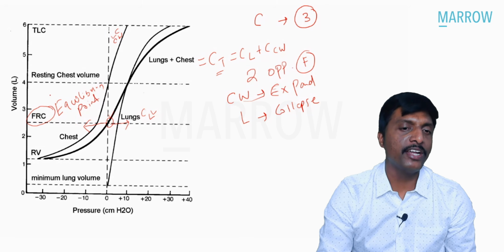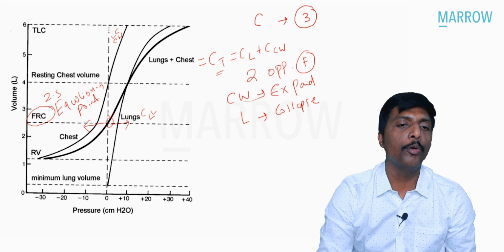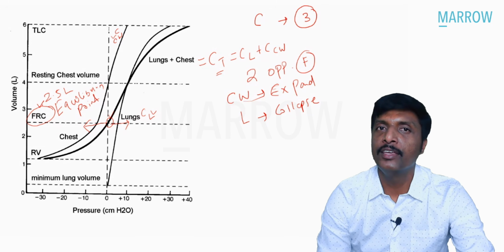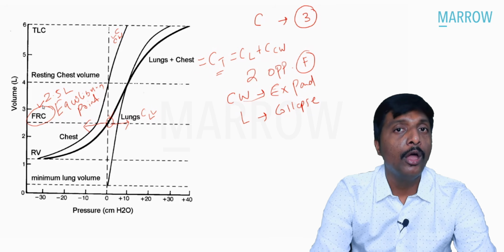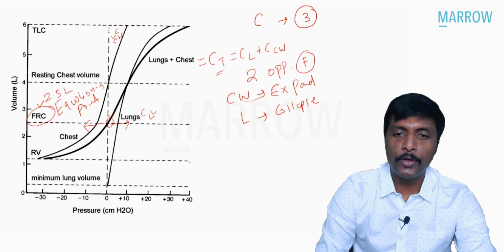At equilibrium point in lung, you get a volume of around 2.5 liters. That is our functional residual capacity. It is also called relaxation volume or equilibrium volume. One more important question. Look very carefully.